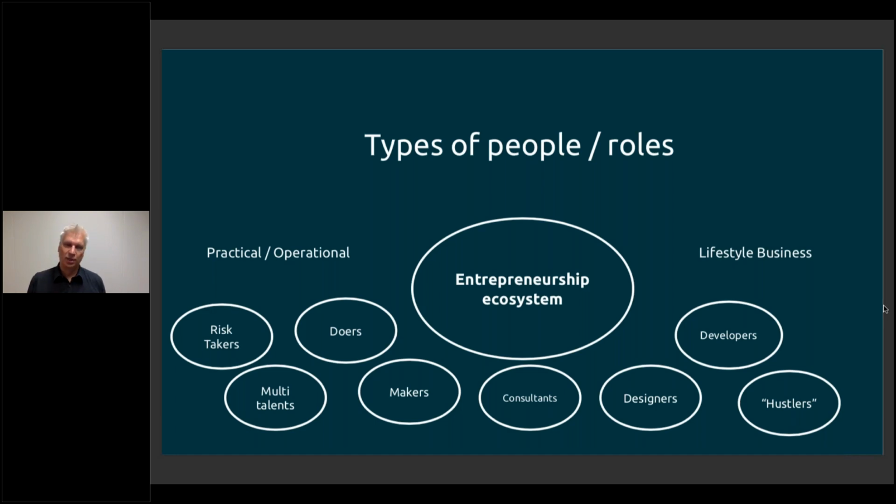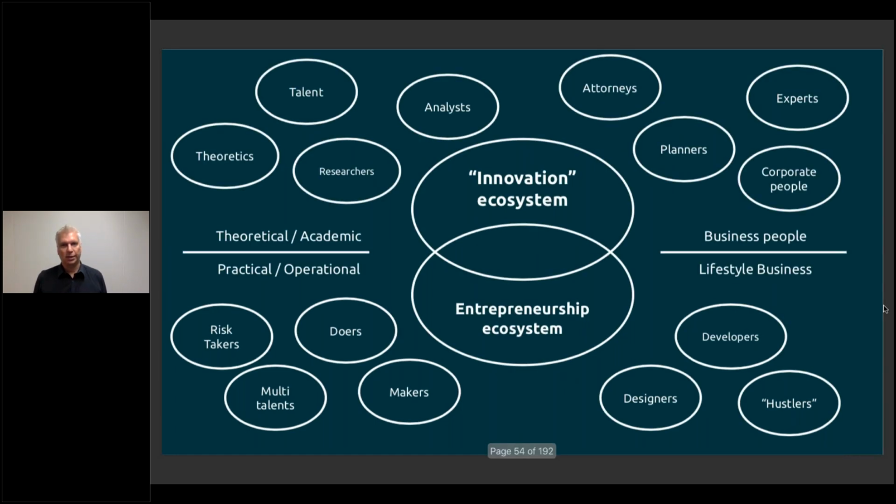Then when there's more on the market side, we have consultants, we have designers, we have developers, we have all kinds of business hustlers. So we have all types of different entrepreneurs exercising their entrepreneurial skills and opportunities at different scale, from practical skills to different types of lifestyle businesses.